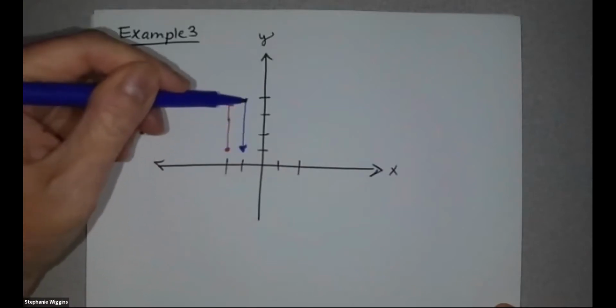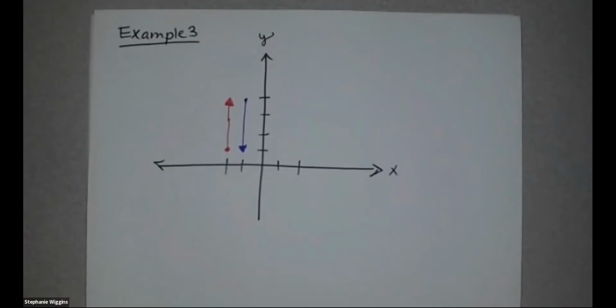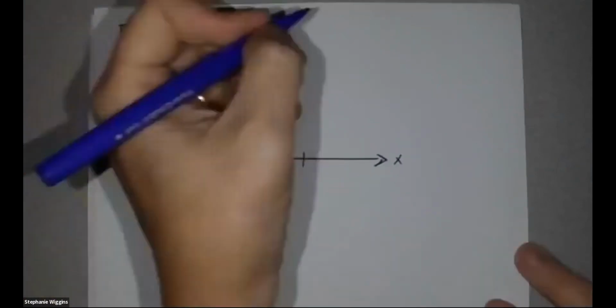Okay. These two vectors are both vertical. I mean, they're both parallel. So you would think, I mean, you can't really calculate the slope, but they're both vertical. They lie along vertical lines, and they have the same length. However, you'll notice they're pointing in the opposite direction. So these two vectors are not equal because they are pointing in opposite directions.